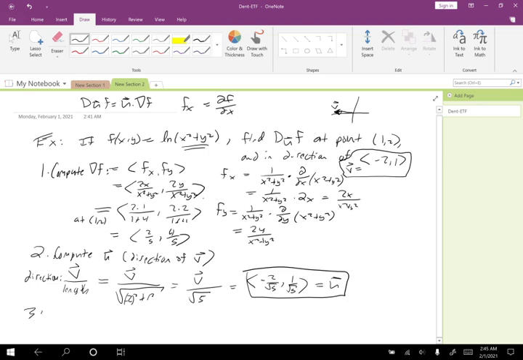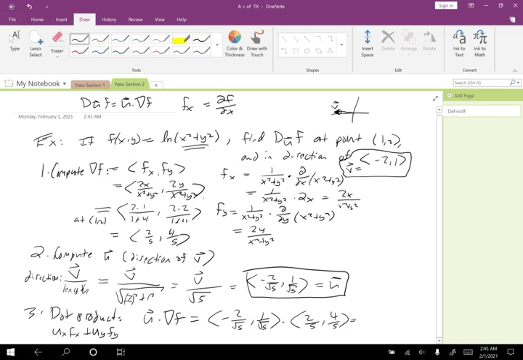Now our last step is the dot product. Remember, this is just ux fx plus uy fy. So if we take u dot gradient f, we have minus 2 over square root of 5, 1 over square root of 5 dotted with 2/5, 4/5.